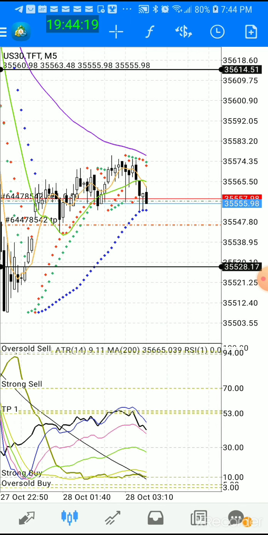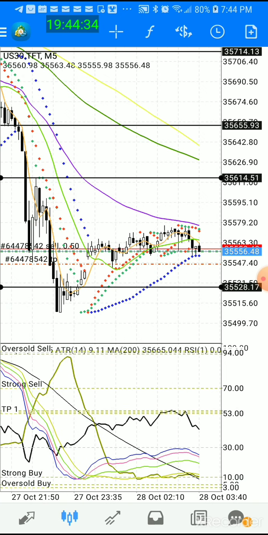Alright, come on down and tap it. Get on that. While we are waiting, I just want to kind of tell you what type of merged parabolic SARs are ideal.